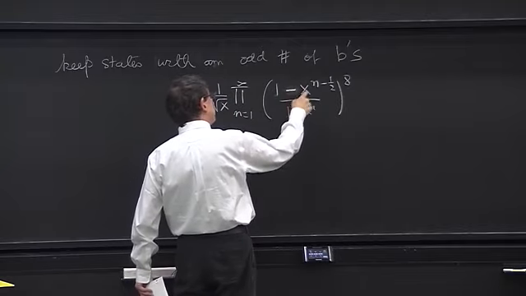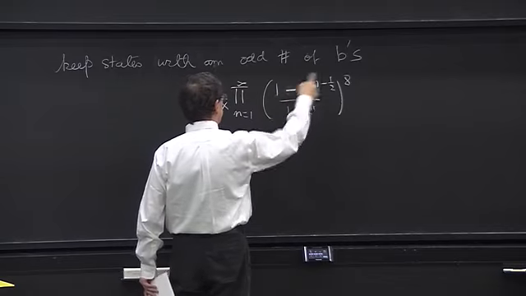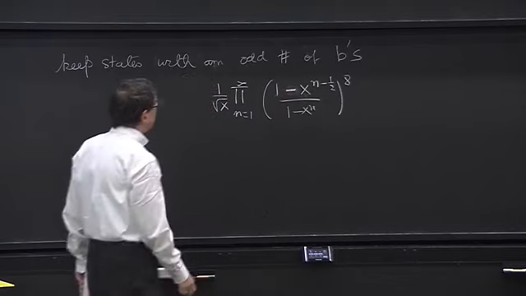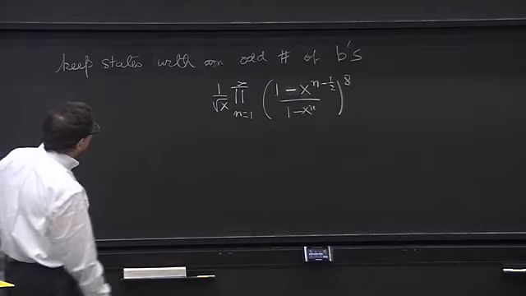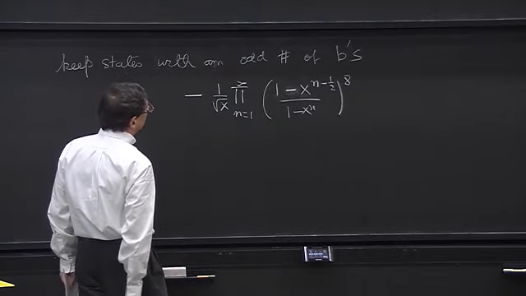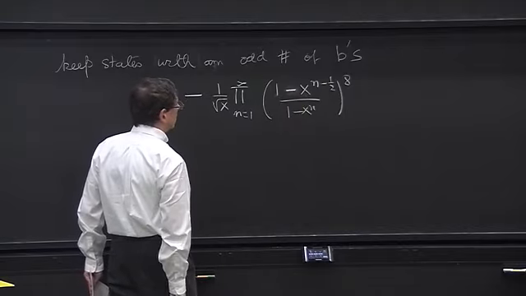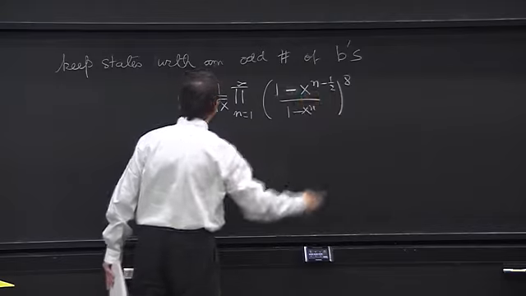If you have an even number of these x's contributing, which corresponds to an even number of b's, the signs don't change. Since I want to keep only the states with an odd one, the odd ones change sign, so I put a minus here.